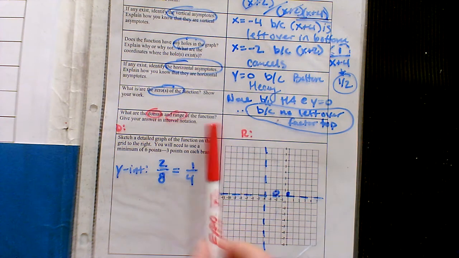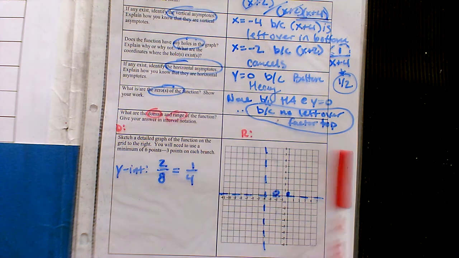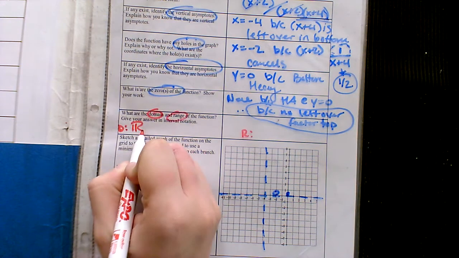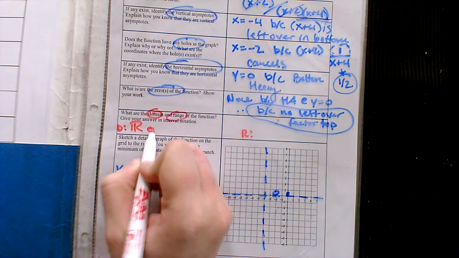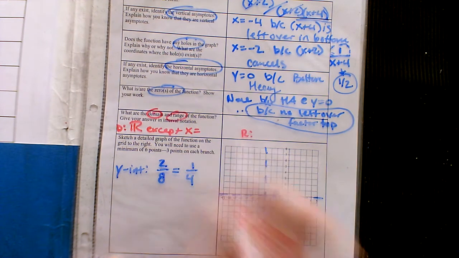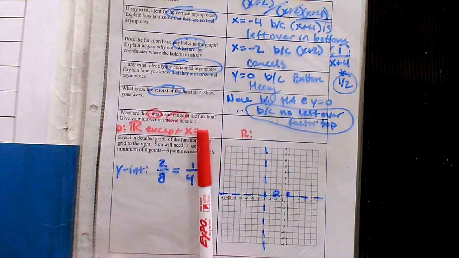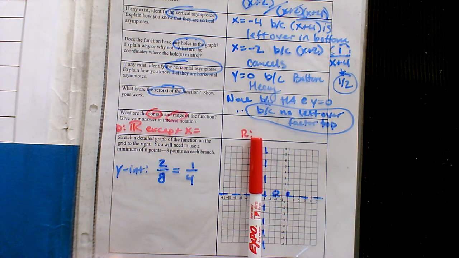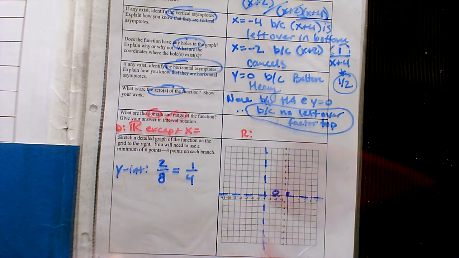The numbers that don't work if you drag your pencil left to right? Yeah, all real numbers except what? -4, -2.